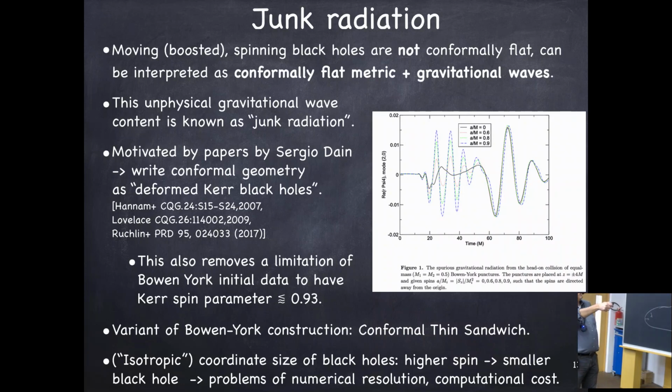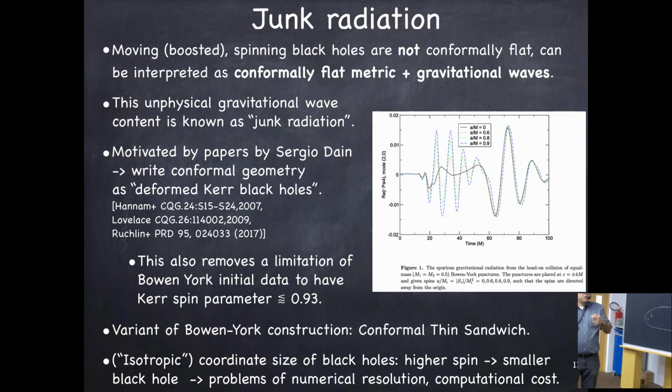So, as I said before, in general, spinning black holes or moving black holes are not conformally flat. They have some extra gravitational wave content, which is undesired. Some unphysical waves which are floating around. We don't want those. So, for example, this is from a very old paper of ours.